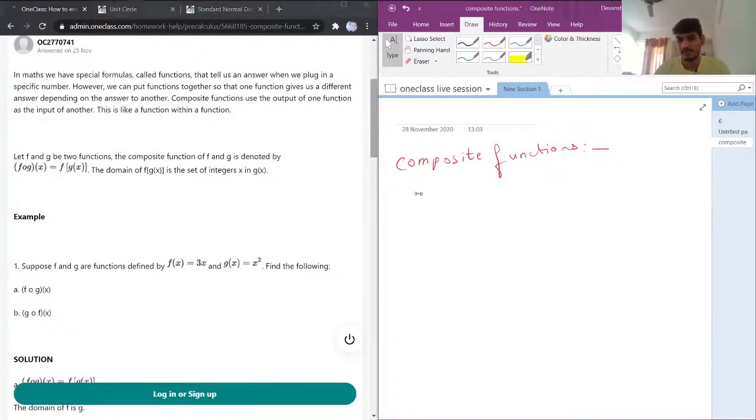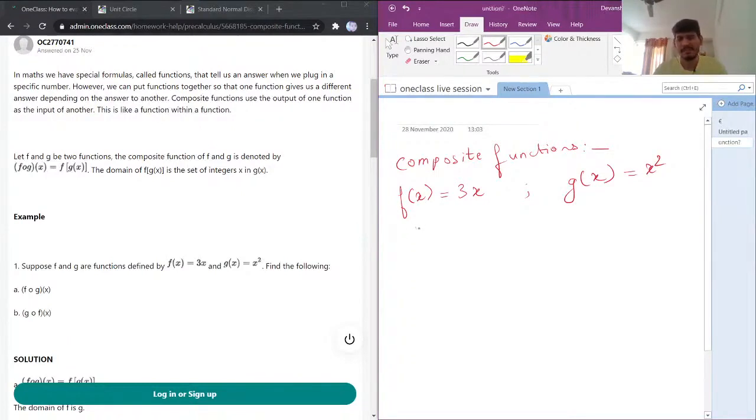So in a composite function, suppose we have a function, let's say f of x. We'll take the same example as written here. Suppose f of x equals 3x, and we have another function, g of x, which is x squared.